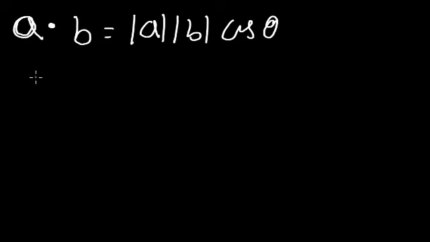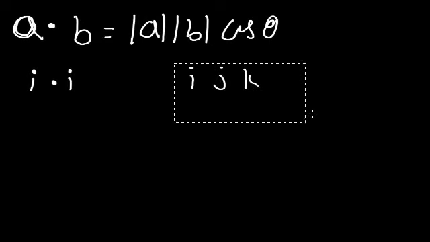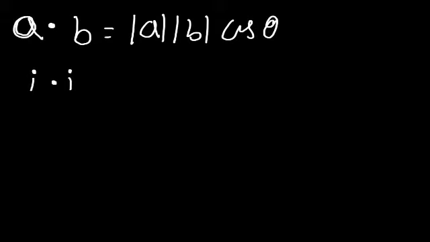So let's begin by analyzing the result of a unit vector i multiplied by itself. I would like to show you the plane representation of each of the unit vectors i, j, and k. So they are three-dimensional figures that will look something like this.